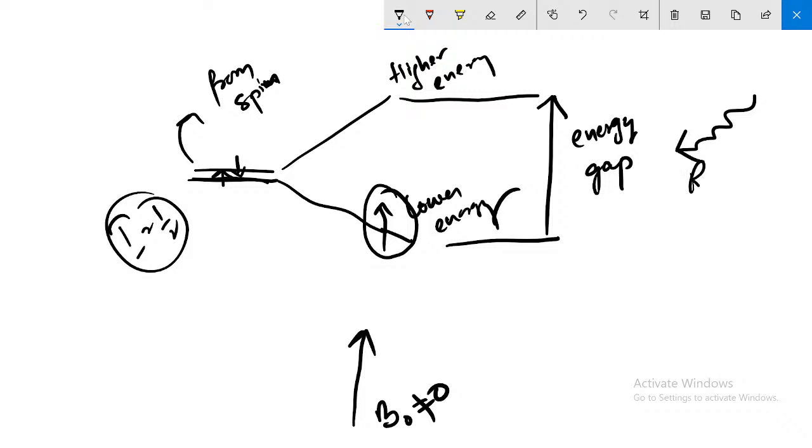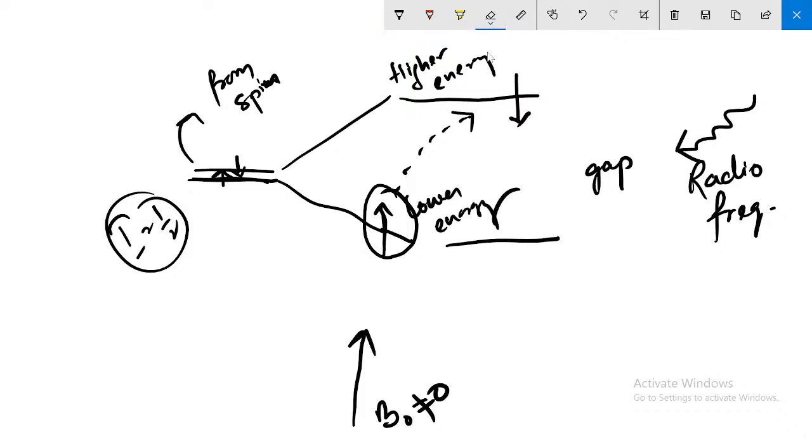That energy will come from the radio frequency. So this is how energy gets absorbed, and the magnetic field of this nuclei will change its direction to go into the higher energy state, opposite to the applied field. This is how the absorption of energy takes place.